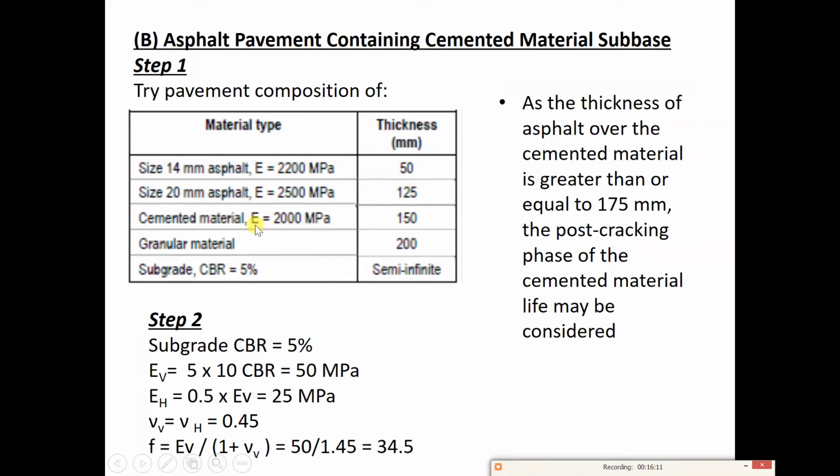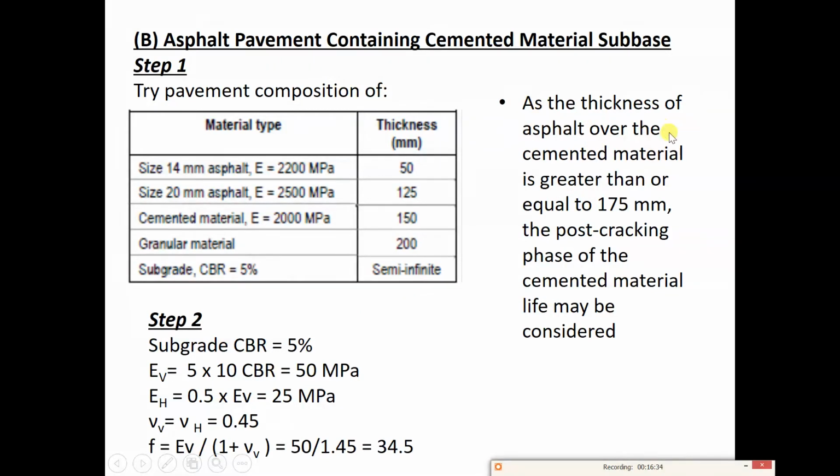Then the third layer is the cemented material, 2000 MPa, and we try 150 thickness. So the asphalt is a total of 175 thickness. The granular material at the bottom is 200, on top of the subgrade of CBR 5.